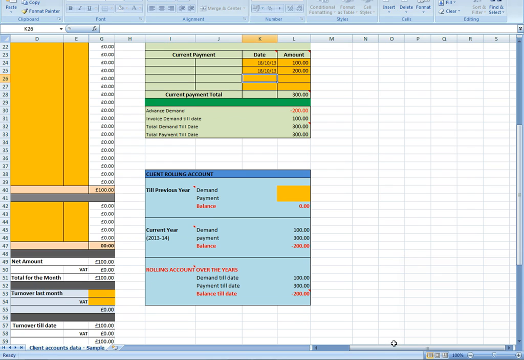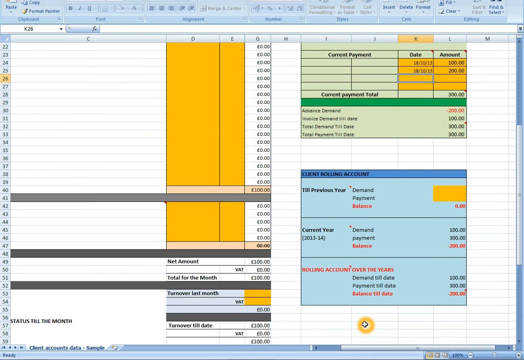Now going to the previous months, let me recap one thing over here, and that is I had mentioned that this file will only be operative when you start working on it. So anything prior to this, meaning prior to today, we will have to enter manually. So here and here we have to enter manual digits.